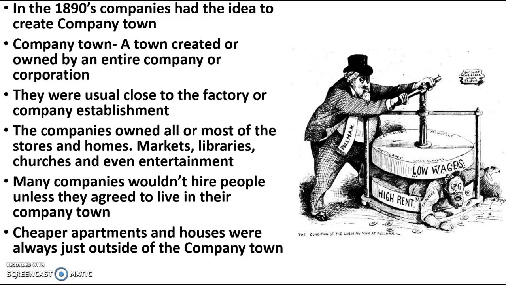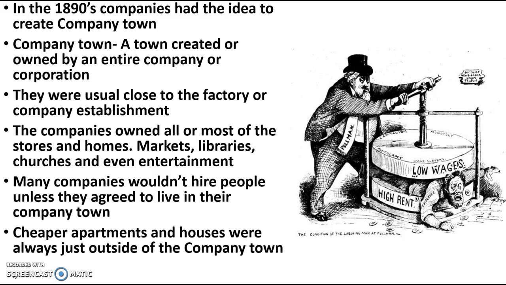Now, in the 1890s, companies had this idea of a company town. Company towns are basically a town created and owned by an entire company or corporation. So let's say a company buys some land outside of any big city, away from Fresno, Clovis, things like that.